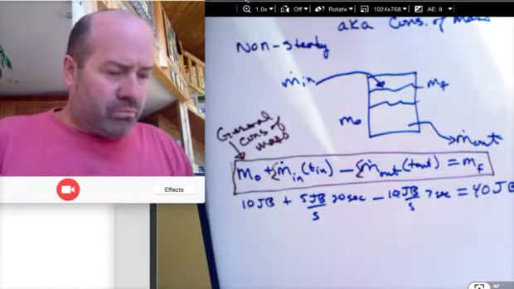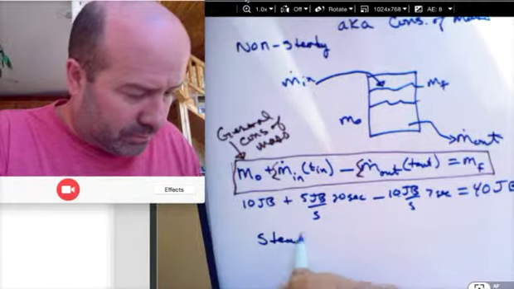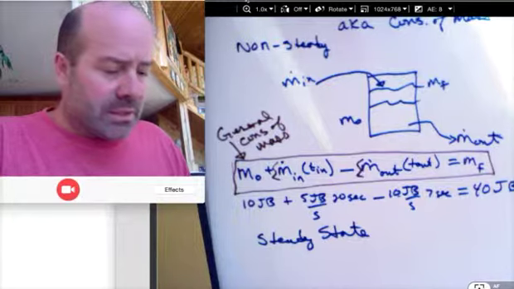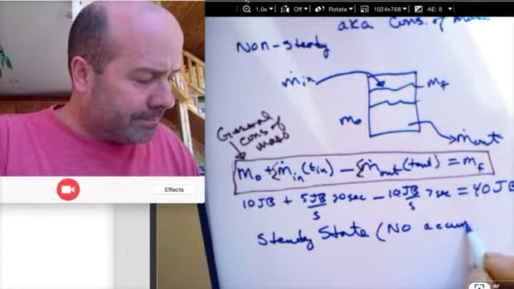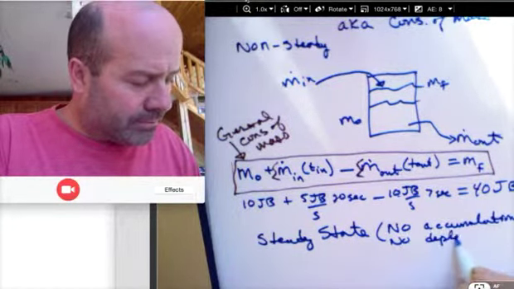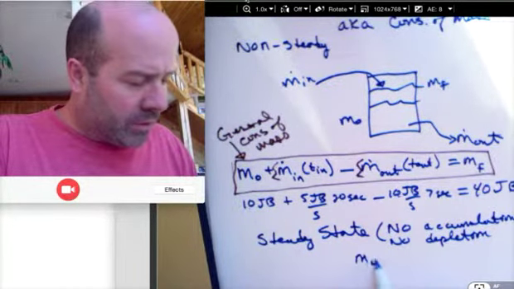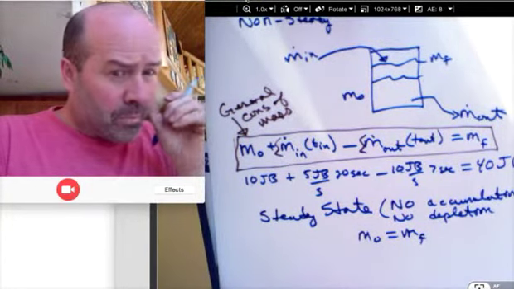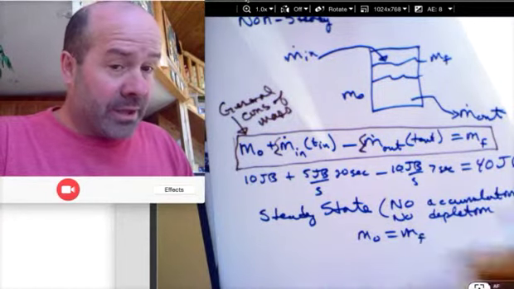All right, well then, what would steady state look like? What steady state means is that there's no accumulation, no depletion. In other words, the initial mass and the final mass have to be equal. When you adjust this equation for that, well, and the times also have to be equal.